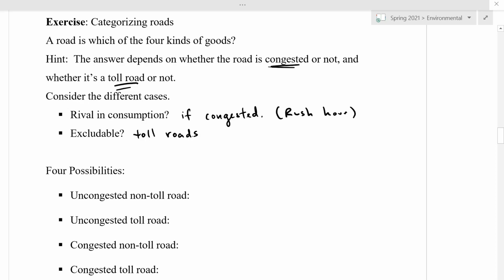So we have our 4 possibilities there, and here's where they line up. An uncongested non-toll road, think of this as most roads in the country. This is going to be a public good. It's a normal road, it's not busy, and you're not paying for it. That's most roads. Uncongested non-toll road, that's a public good.